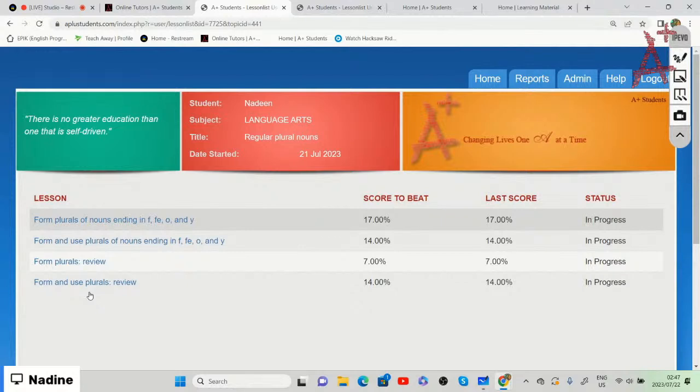And then we have forming plurals, as well as the use of plurals, where we basically use all the activities that we did in the first and second lesson. And remember, we said a singular means one person, place, or thing, and plural means more than one person, place, or thing.